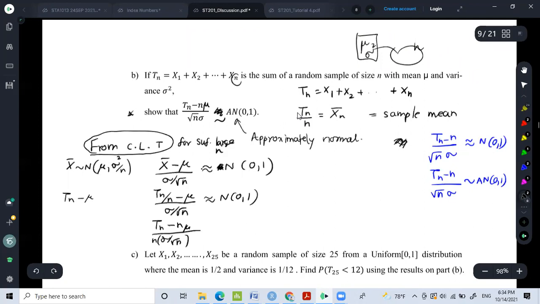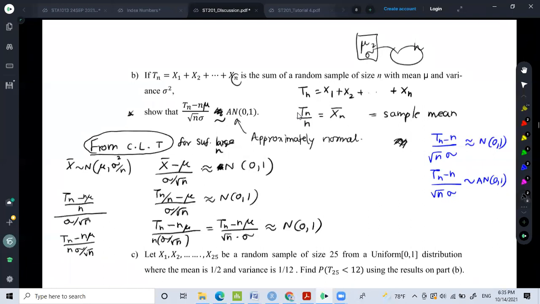I'm sure you can understand this, but to make it clear to all of you, I will write it like this. So this n comes downstairs, right? So you have Tn minus n mu, over n times sigma over square root of n. One square root will cancel out. So what do you get? Tn minus n times mu, over square root of n times sigma. What is this? Approximately normal 0, 1. So that's what we want to show.